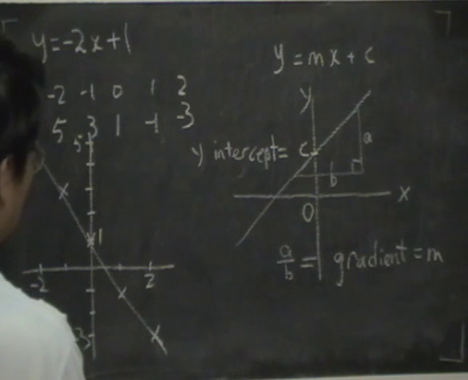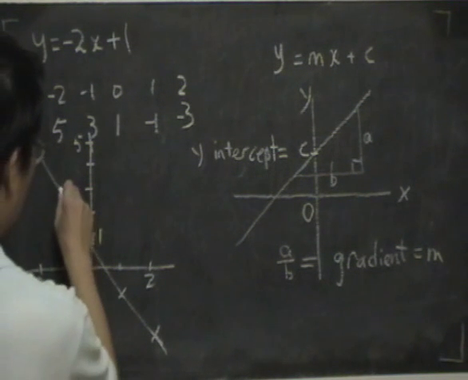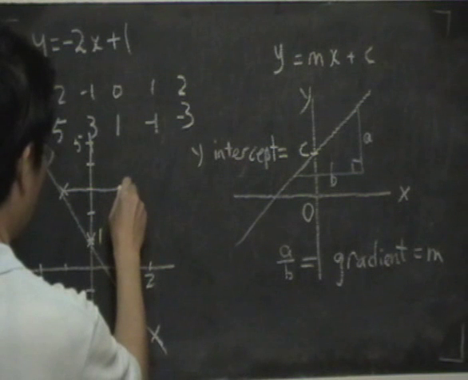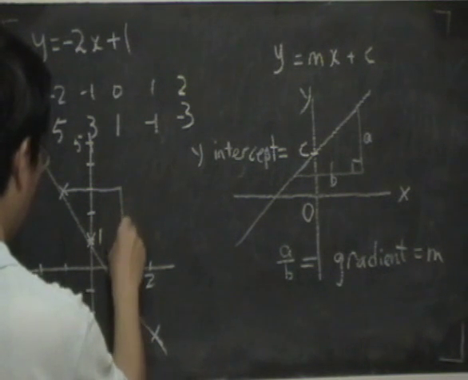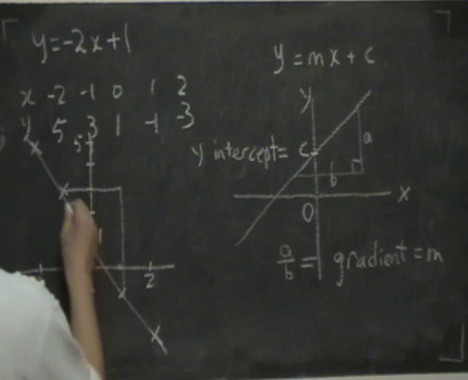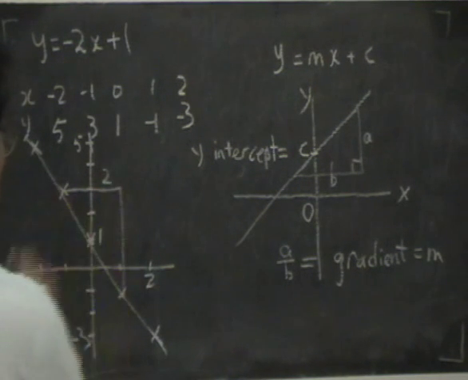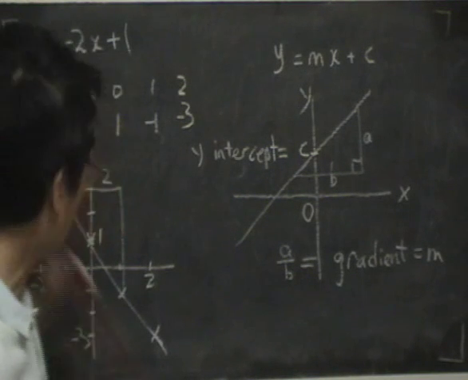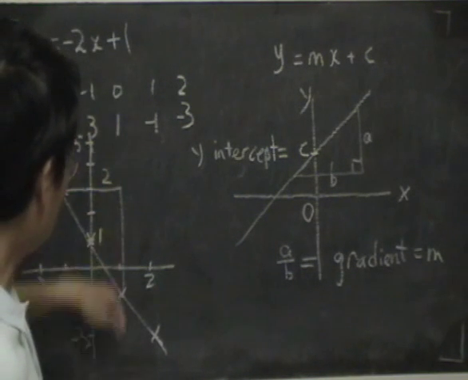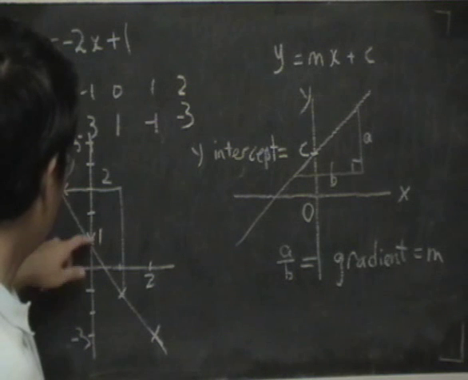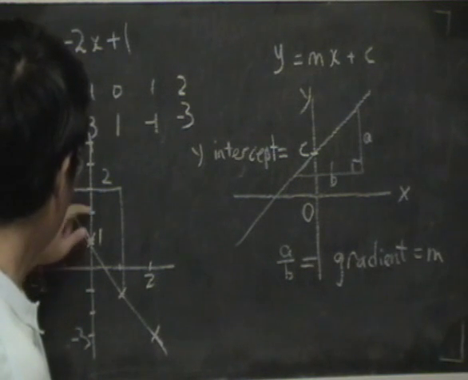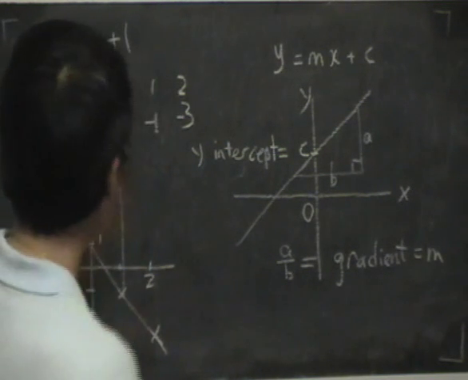Right, now I could do this, draw a horizontal line there and come down vertically. So if I do this, my horizontal distance is 2. Okay, that's 2. Now the vertical distance is 1, 2, 3, 4. Right, the vertical distance is 4.